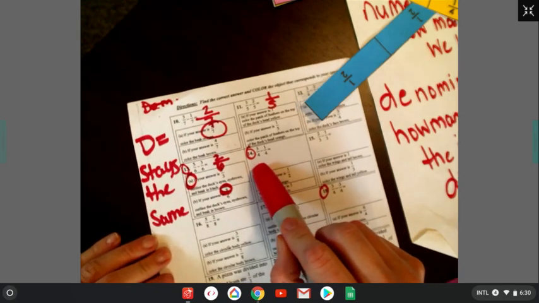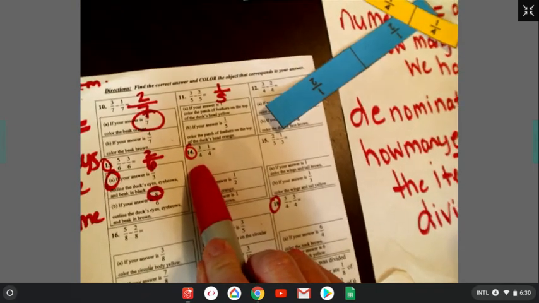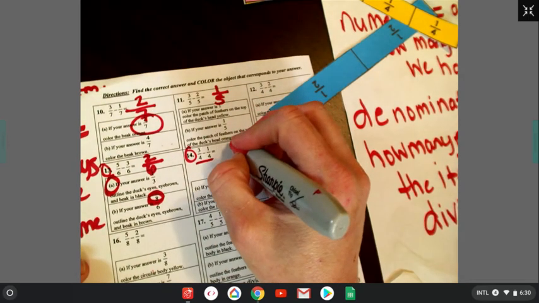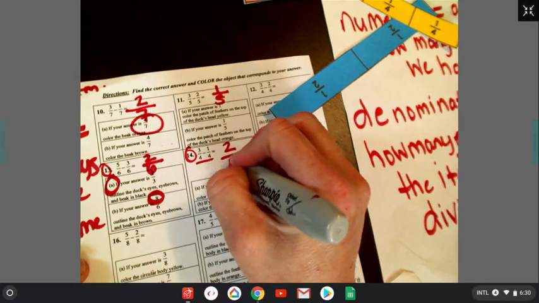14 is another one. I'm just going to give you the answer, so we're going to just review it. I have 3/4 minus 1/4. So my denominators are the same, but I'm not going to subtract them. 3 minus 1 is 2. So now I have 2/4, and this can be reduced.